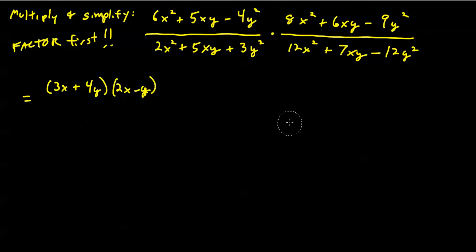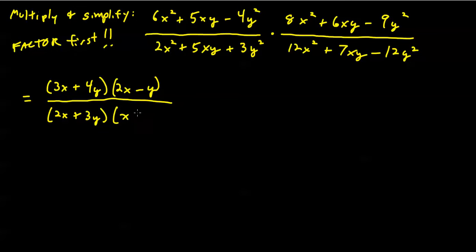Now, let me make sure that's clear. Things are going to get complicated pretty quickly here. 2x minus y. And the denominator of the first rational expression, that factors as 2x plus 3y times x plus y.